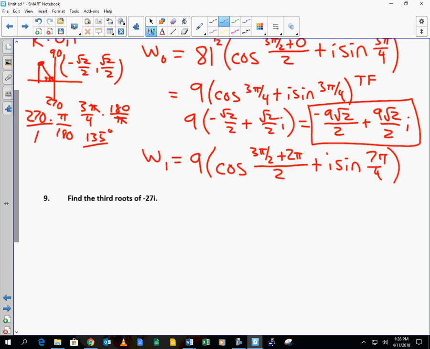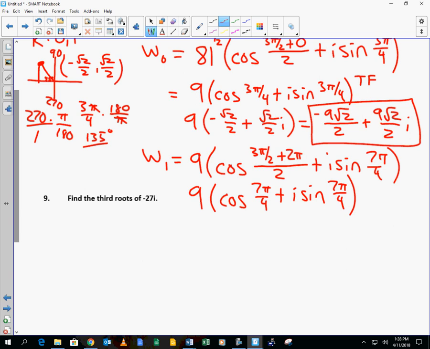K was 1, so 2 pi times 1. We good? 9 times cosine of 7 pi over 4 plus i sine of 7 pi over 4.